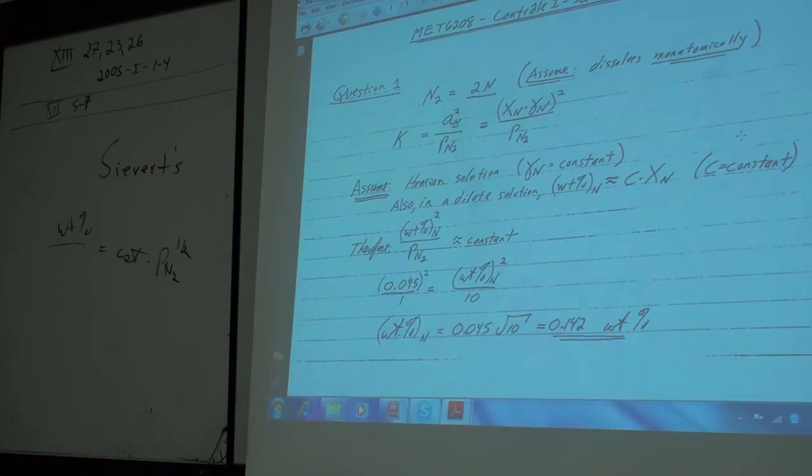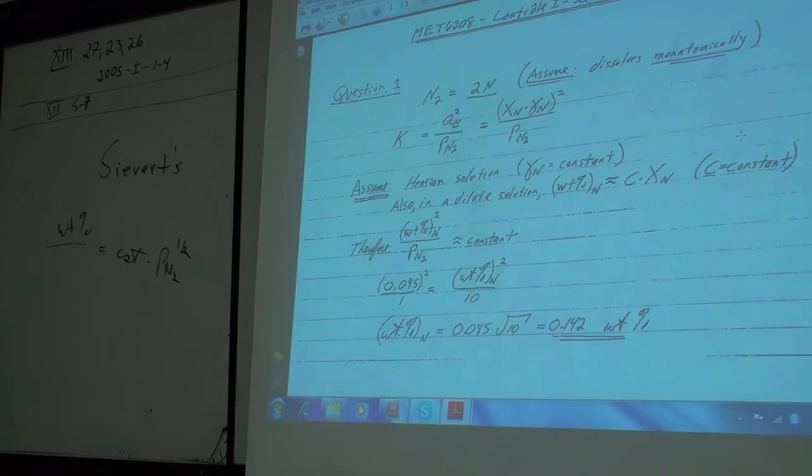Same thing for oxygen: in molten metals and steel, oxygen dissolves as monatomic O atoms, so it varies as PO2 to the 1/2. But if you dissolve oxygen in water, it dissolves as oxygen molecules, O2. So in water, the solubility of oxygen varies as PO2.